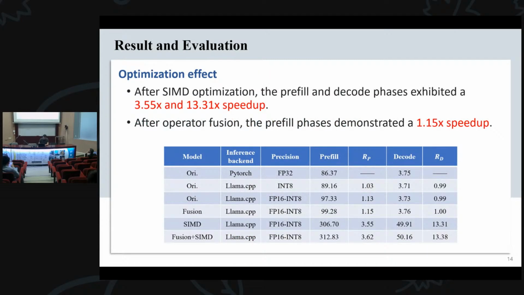Okay, finally, let's conclude the optimization effects. After simple optimization, the prefill and decode phases achieved above 5 times and 13 times speedup. After using operator fusion, the prefill phase demonstrates 1.15 times speedup, and the decode phase shows the best performance after using the fusion and SIMD operations. Regarding the precision of the models, we choose floating point 16 instead of the original floating point 32.